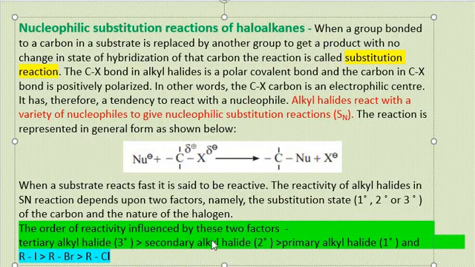You are seeing the order of reactivity, and tertiary alkyl halides, which are 3 degree, are more reactive than secondary, and secondary are more reactive than primary. And in terms of halogen atom present in a compound, alkyl iodides are more reactive than alkyl bromides, and alkyl bromides are more reactive than alkyl chlorides.